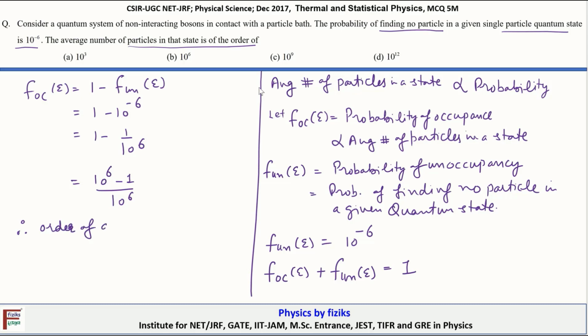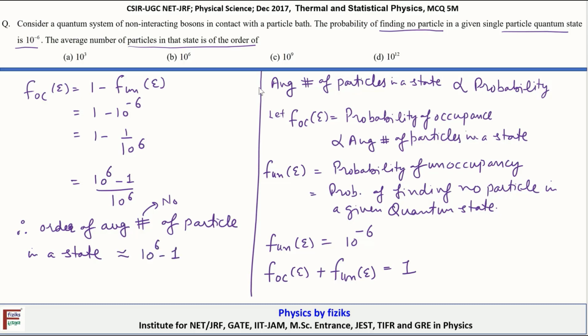So therefore the order of the average number of particles in a state is basically equal to 10 power 6 minus 1.